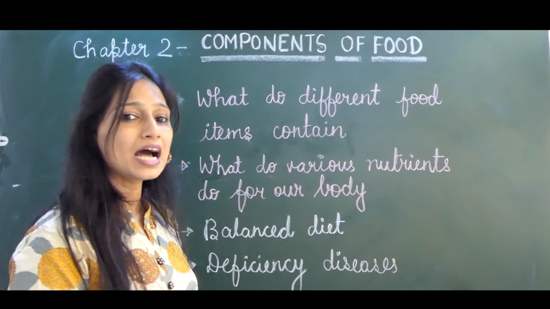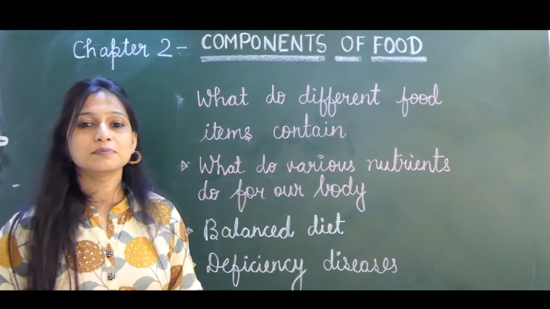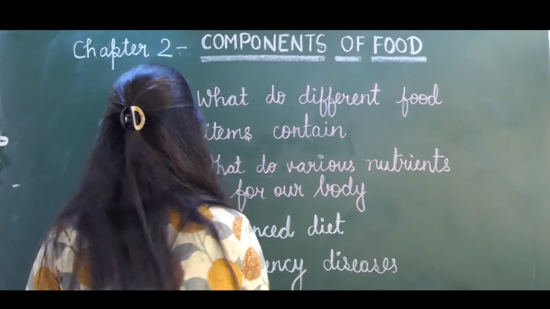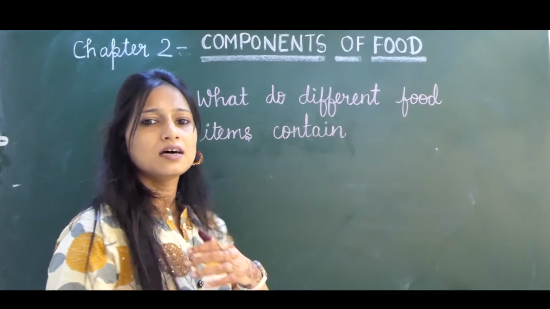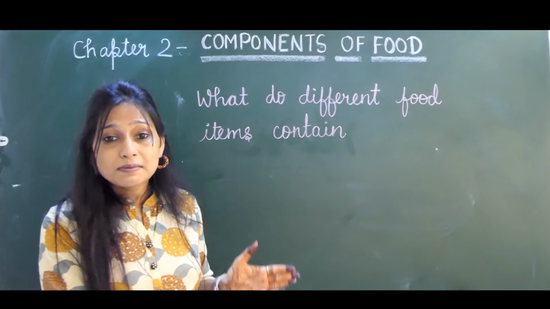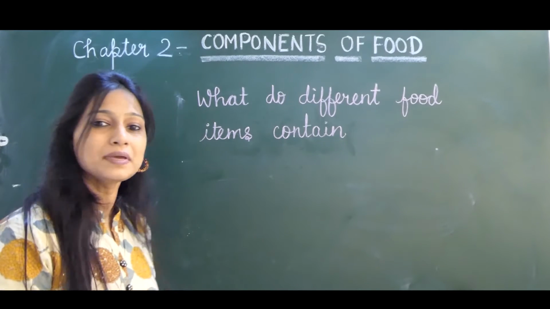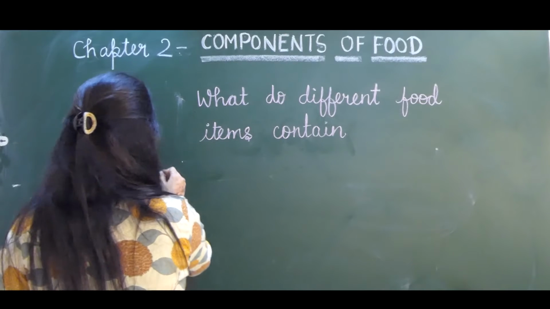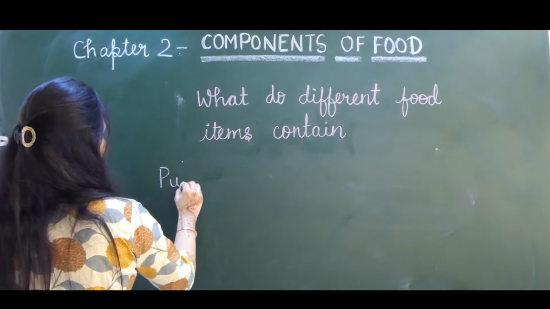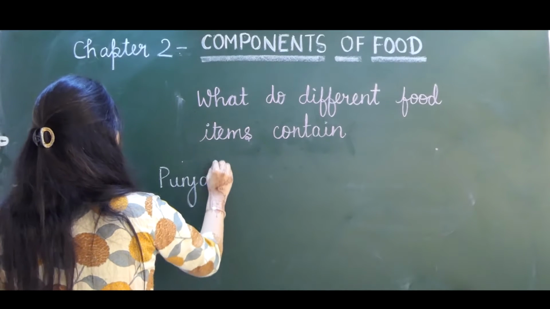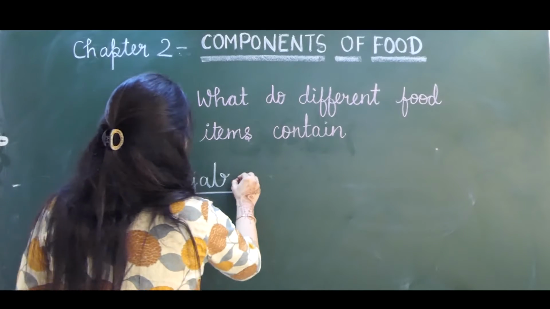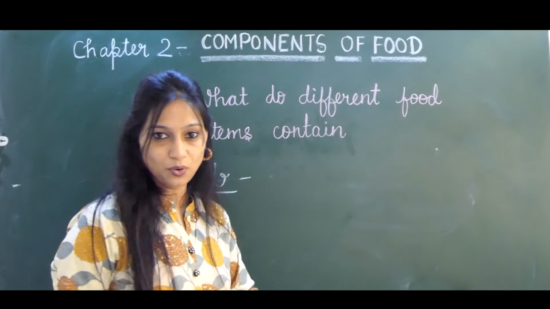Okay, so let's start with what are the different food items which the food contains. So let's start comparing the distribution of the meals. Are the meals common in some or the other way? Let's think about Punjab. Let's see a meal in a Punjab home.